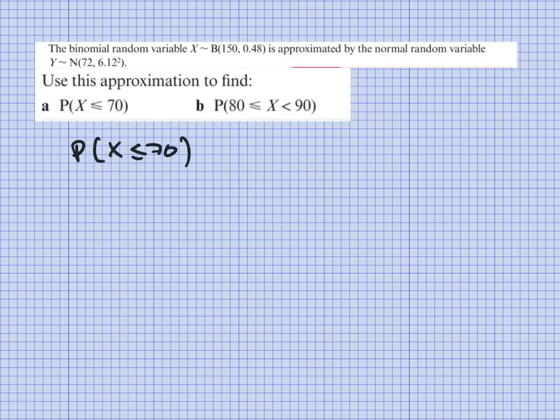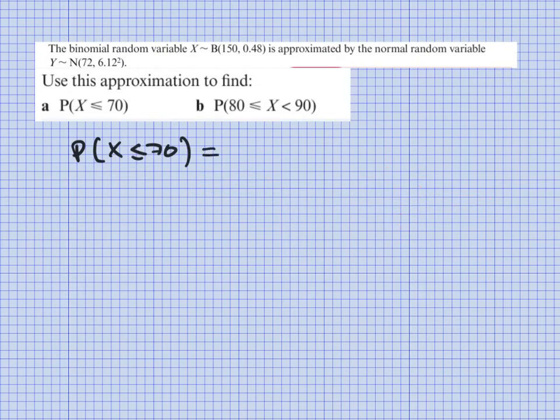So let's think about that on a number line. We would see 70 is here. We want everything that's lower than that and including the 70. So it must be 70.5, because that would be the only way to include it. If we did 69.5, it wouldn't include the 70. That would be no good.